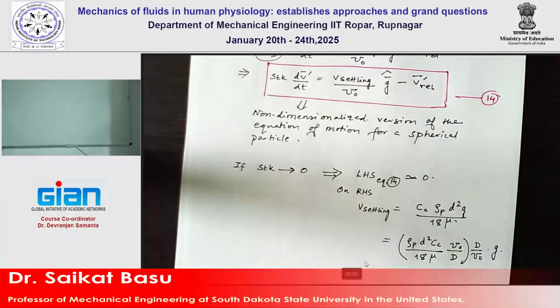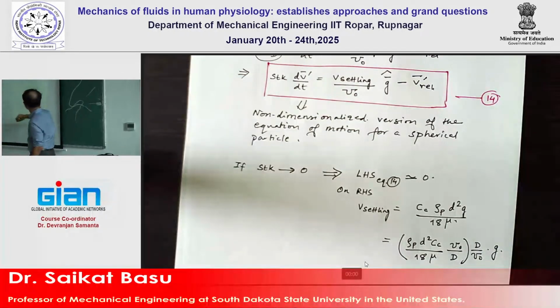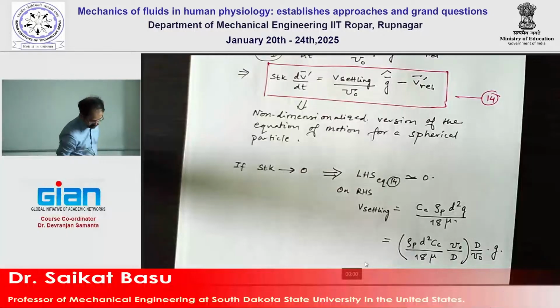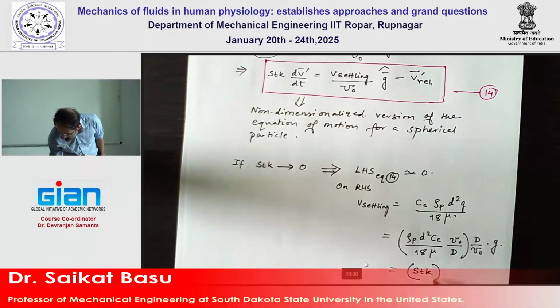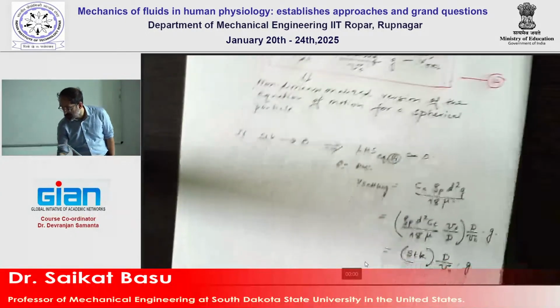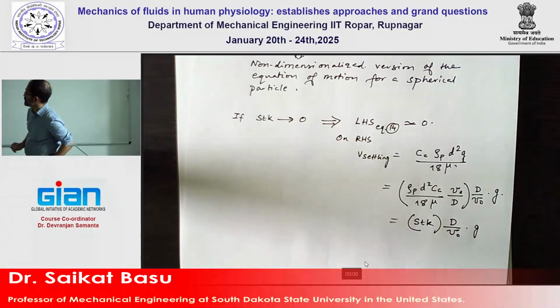So basically we have brought in this d over u naught. The rest is same as what we had, the g and the u naught. So this becomes the Stokes number now times d over u naught times g. So if that is the Stokes number, then that implies that if Stokes number is going to 0, this is going to 0 as well.